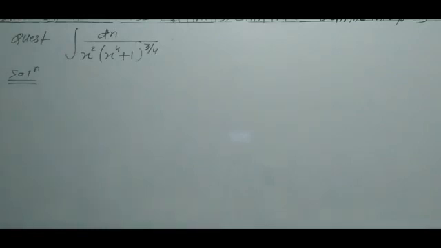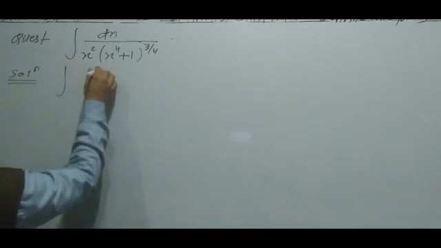So first of all, what we have to consider in this question, x to the power 4. Suppose you are taking common x to the power 4 from this expression.